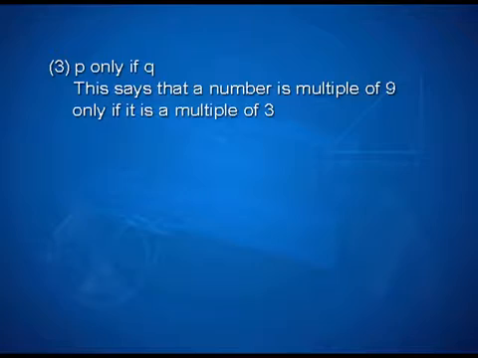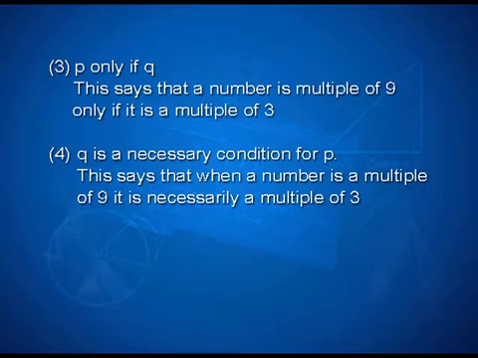Third, P only if Q. This says that a number is a multiple of 9 only if it is a multiple of 3. Fourth, Q is a necessary condition for P. This says that when a number is a multiple of 9, it is necessarily a multiple of 3.